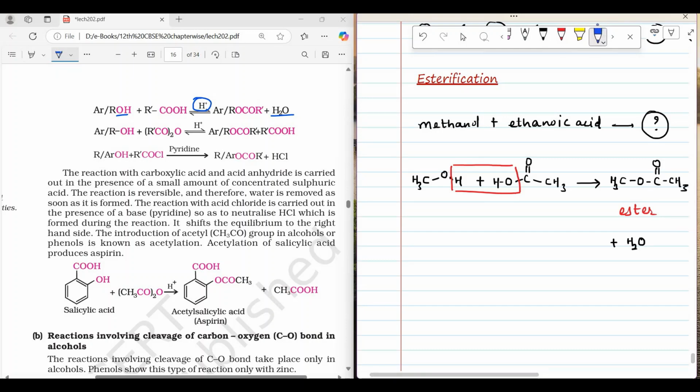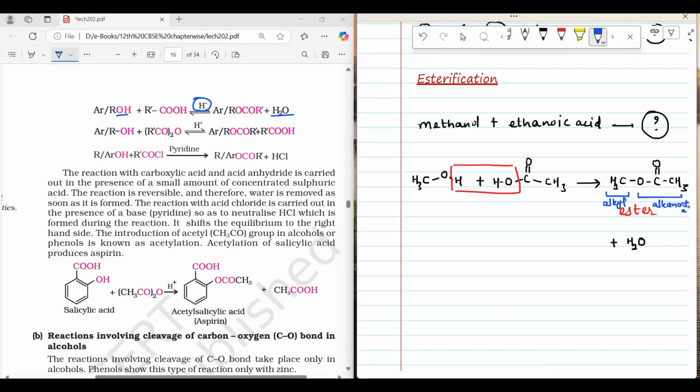Now let's learn how to name this ester. In this ester, you have to name this part as an alkyl and this part as an alkanoate. So here the alkyl part contains one carbon.